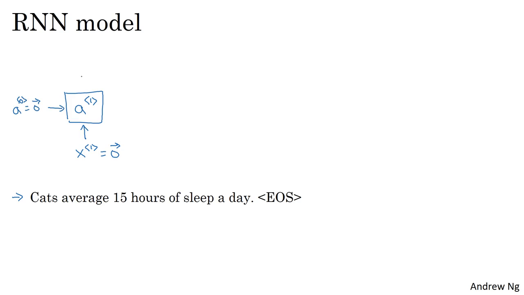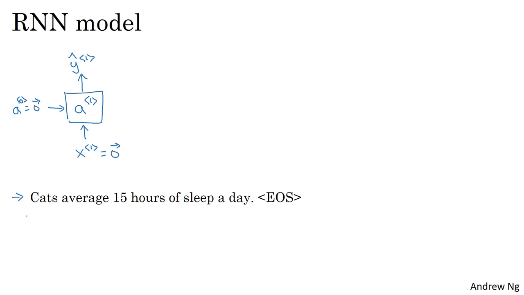But what A1 does is it will make a softmax prediction to try to figure out what is the probability of the first word y. And so that's going to be y1.